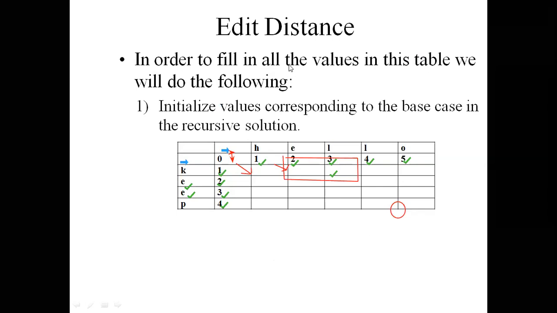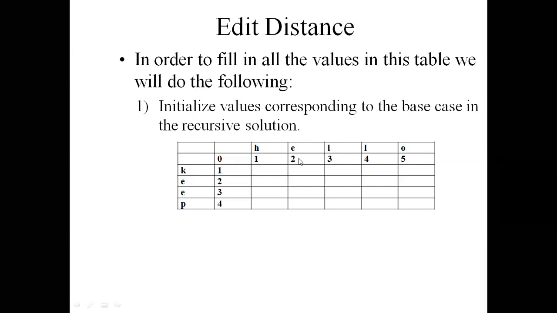In order to fill in all the values in this table, we will do the following: initialize values corresponding to the base case in the recursive solution. So we need to consider initialization of the values. Values are initialized like this: 1 2 3 4 5, 1 2 3 4, since depending on the length of the string, that can be inserted in the null string.